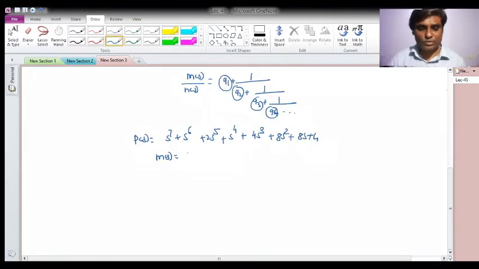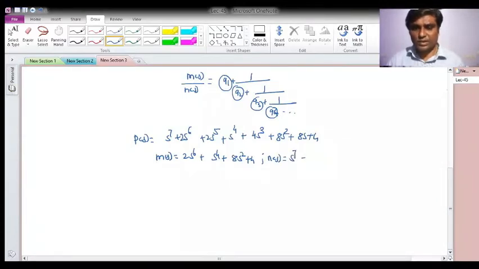My even polynomial is 2s raised to 6 plus s raised to 4 plus 8s square plus 4, and the odd polynomial is s raised to 7 plus 2s raised to 5 plus 4s cube plus 8s.